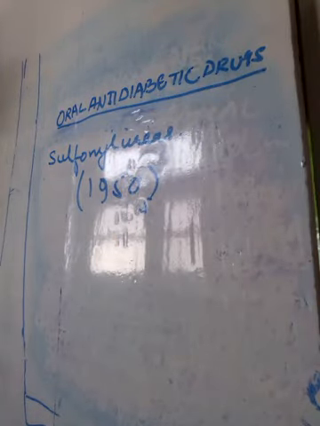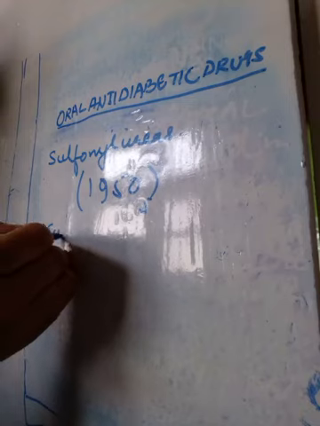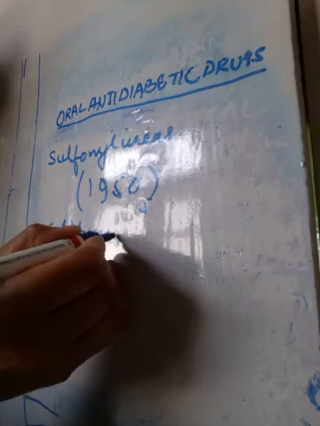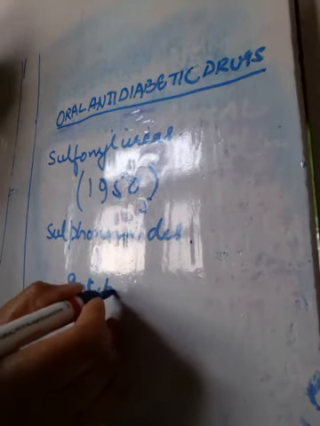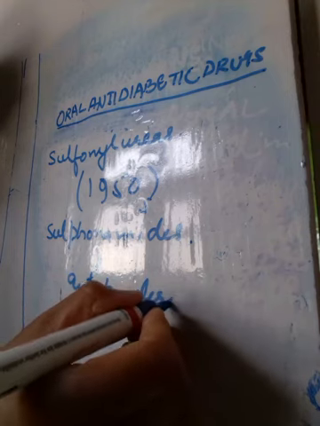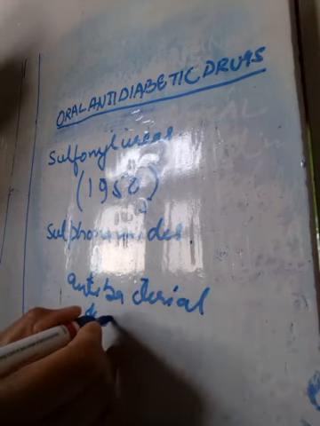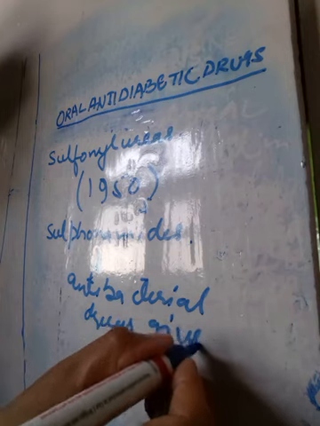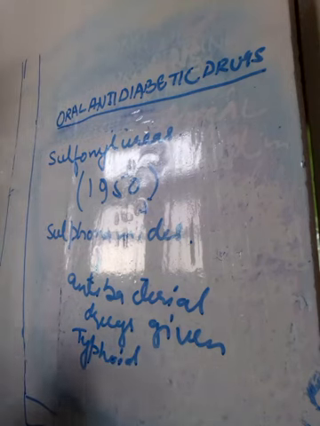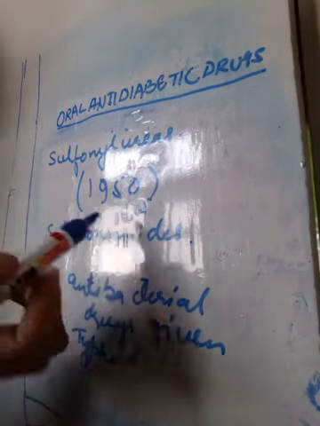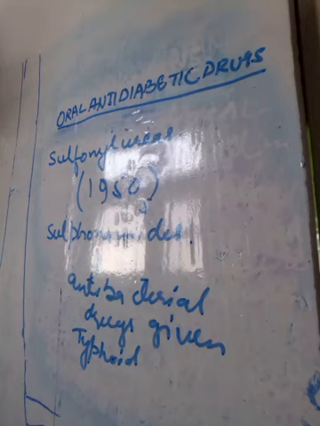They are the derivatives of sulfonamides. Sulfonamides are the antibacterial drugs given in typhoid. It was observed that these drugs in these patients cause hypoglycemia, which led to the development of the newer group of drugs that are called as sulfonylureas.